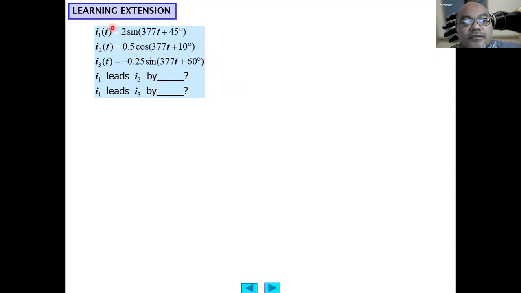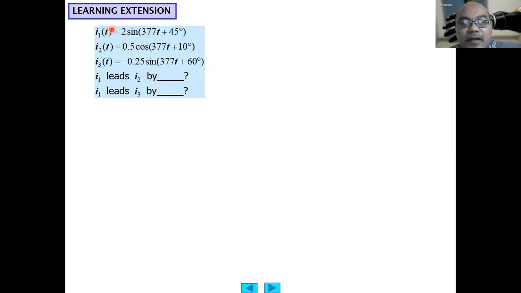So first, for I1 and I3, they are already sine. What we need to do is change the amplitude from negative to positive by adding plus or minus pi, or plus or minus 180 degrees.